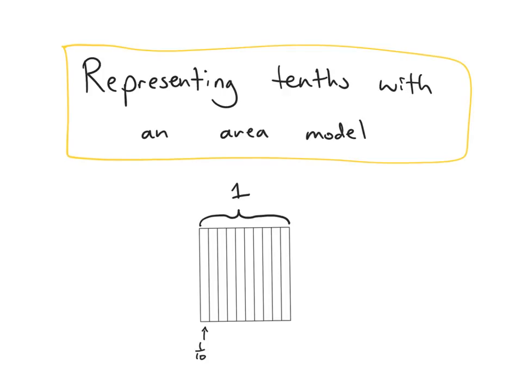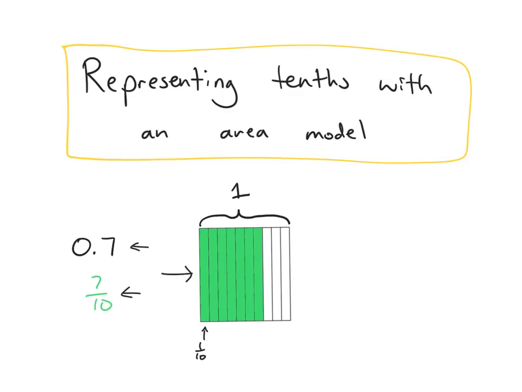So if we wanted to represent 0.7 or 7/10 on the area model, we would fill in 7 of the tenths, and we have represented 7/10 or 0.7 as a decimal on our area model.